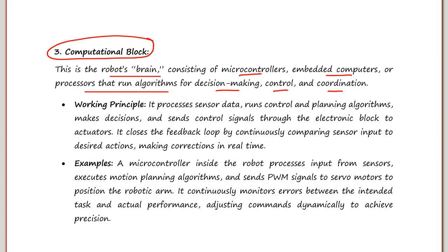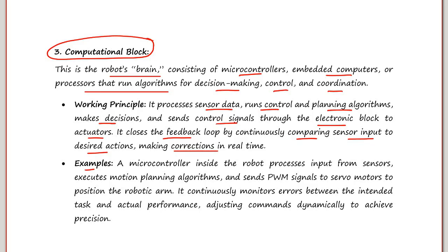So, the working principle is that this control block processes sensor data, runs control and planning algorithms, thereby making decisions and sends the control signals through the electronics block to the actuators who actually do the performance, right, do the work. Now, it closes the feedback loop by continuously comparing sensor input to the desired action. This I have just talked about in the last section, thereby making corrections in real time.